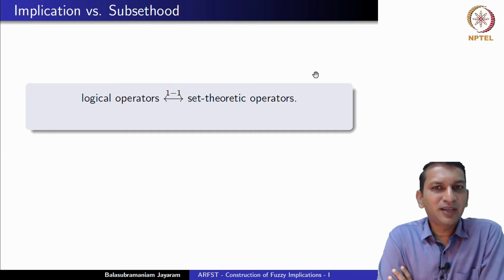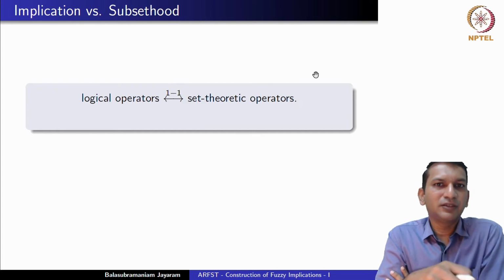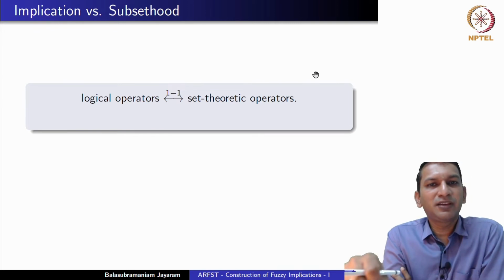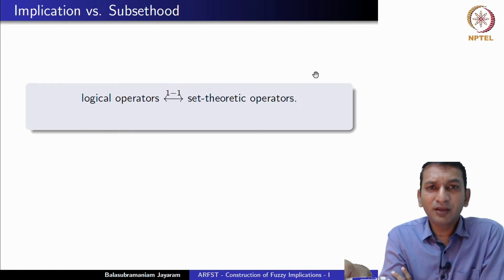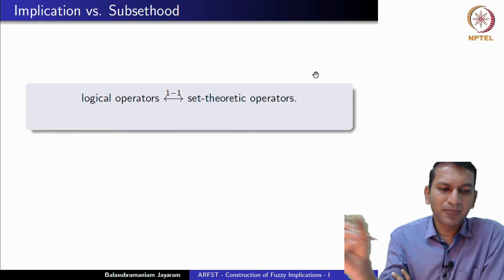We know that in the classical setting, the classical logical operations are related to corresponding set theoretic operations. For example, the meet in the Boolean algebra is in fact related to the intersection in terms of the corresponding subsets of the power set of the universal set X.